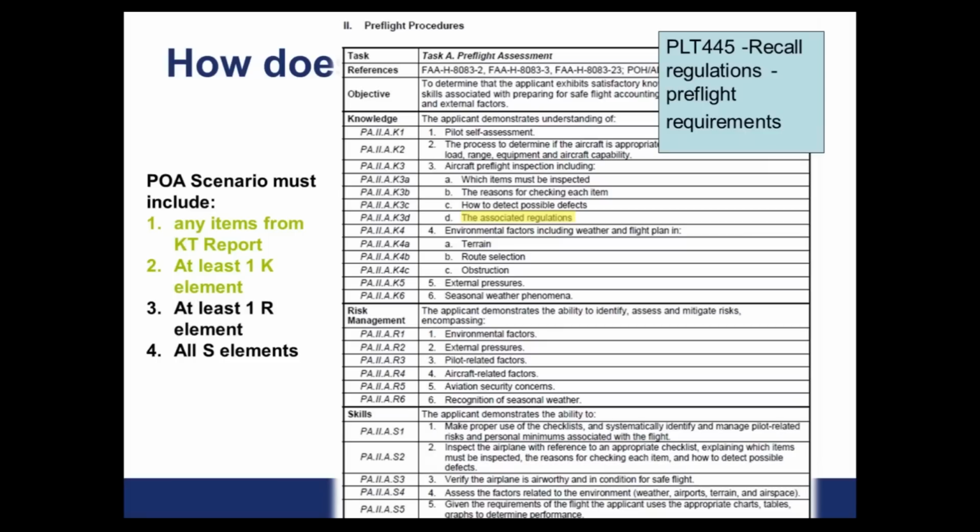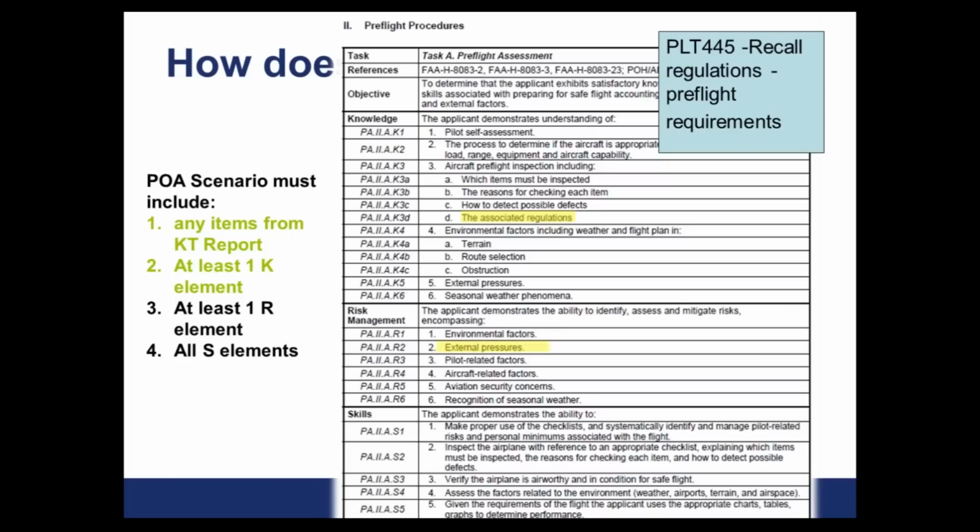The next rule says I have to have at least one risk element. So you see that there are risk management elements. There's 6 of them, about middle of the page. I didn't have anything related to that on the knowledge test, so honestly, it's going to be designee's pick. Designee can look at those and pick one that works well for their plan of action, for their scenario.